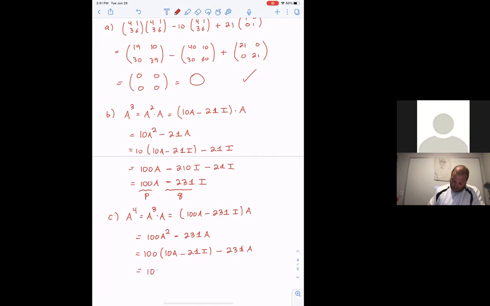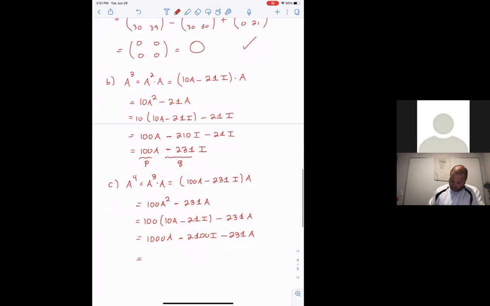So we get 1000A minus 2100I minus 231A, which becomes... I made a mistake in the previous one.